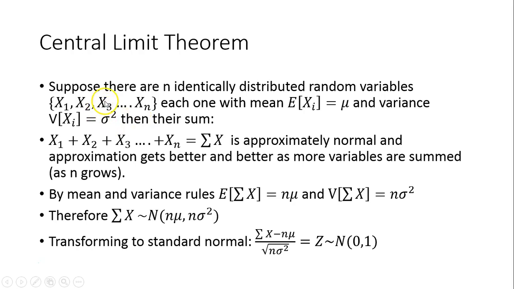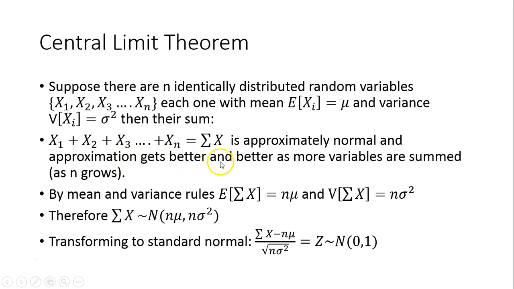Then their sum, x1 plus x2 plus x3 up to xn, call it the sum of the x's. You can call this z if you would like. And this sum is a random variable also. It's a new random variable. Okay? And this new random variable, the sum of them, in this case, is approximately normal.